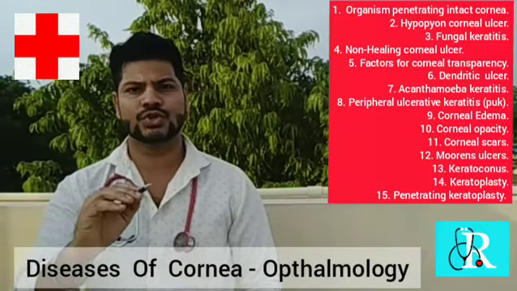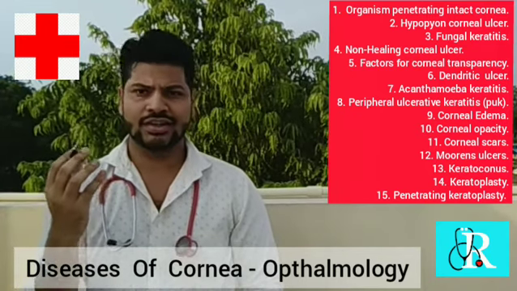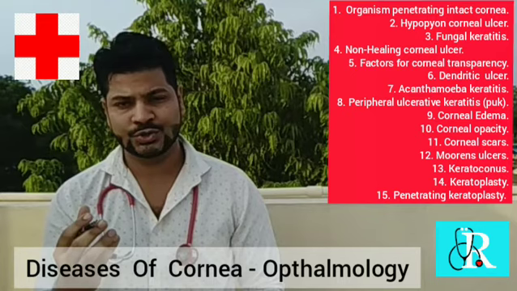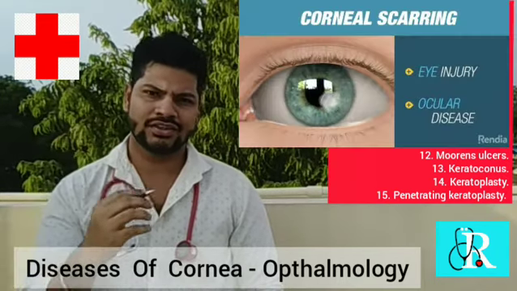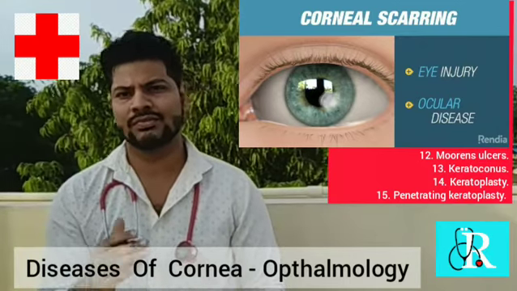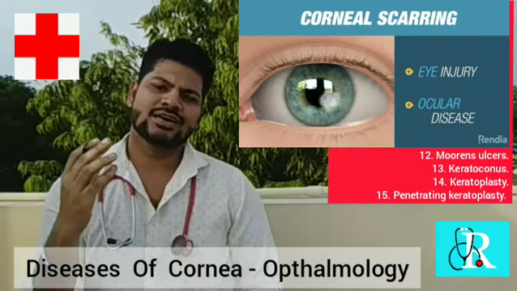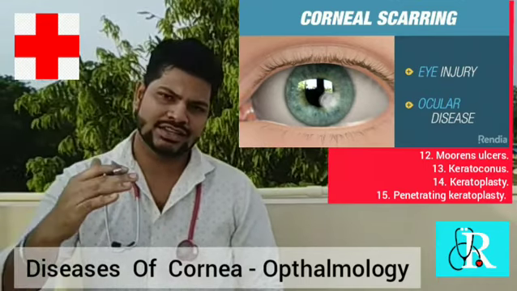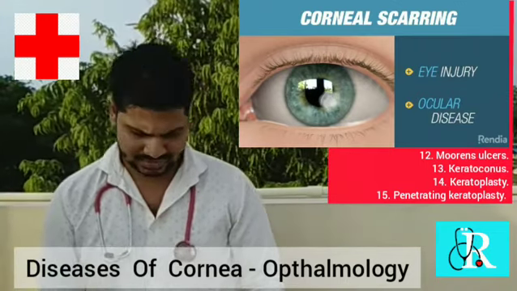Moran's ulcer refers to inflammation of the cornea because of an autoimmune reaction towards the collagen of the cornea. The autoimmune antibodies attack the collagens of the cornea, and because of that keratitis results, and this keratitis is called Moran's ulcer. Moran's ulcer results in keratitis.